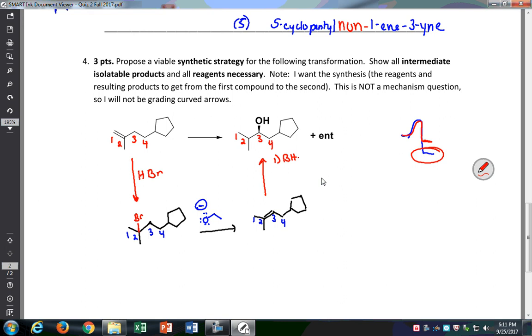We do need THF if we're using BH3, followed by our peroxide and sodium hydroxide. And that's our route. Now we will get both enantiomers. If I only wanted one, I don't really have a good route to do that. But that's okay. Sometimes you do have limitations in synthesis.